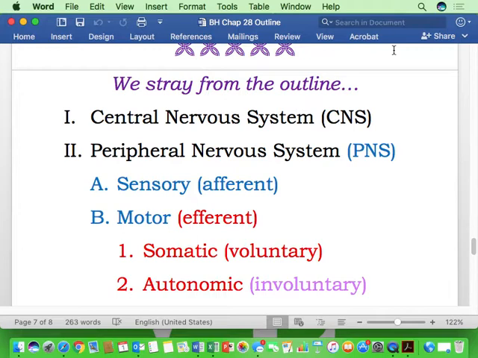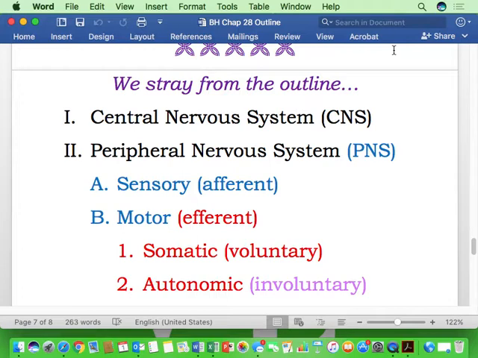The somatic motor part is in charge of voluntary muscle movement or voluntary movement. So your skeletal muscles. So you had that multiple choice question, and there's only one of the answers that dealt with voluntary. All the rest of them were involuntary. All the rest of them were autonomic.